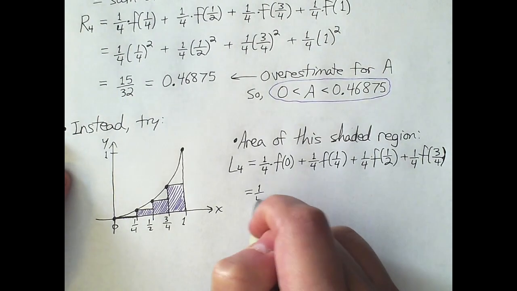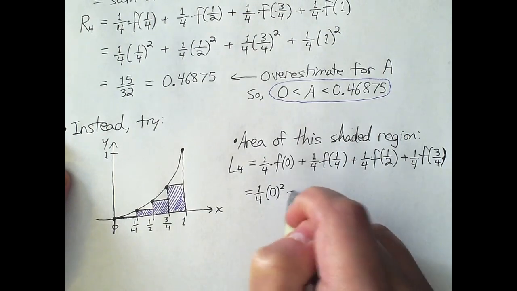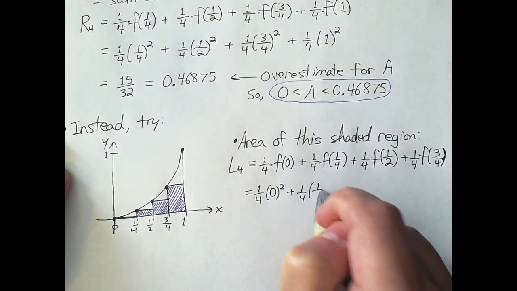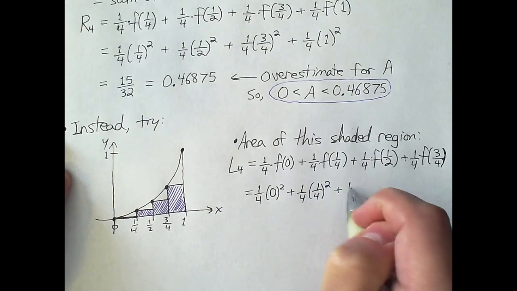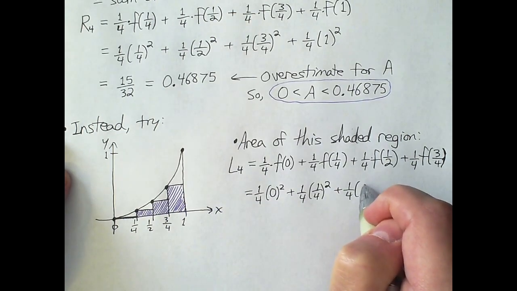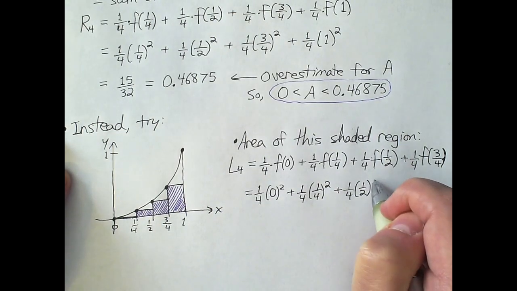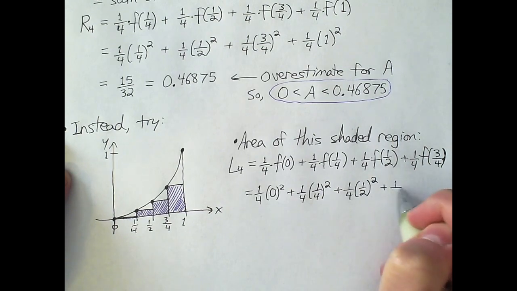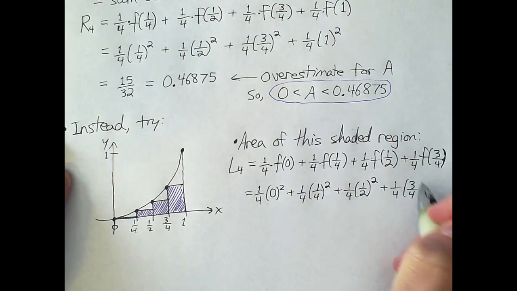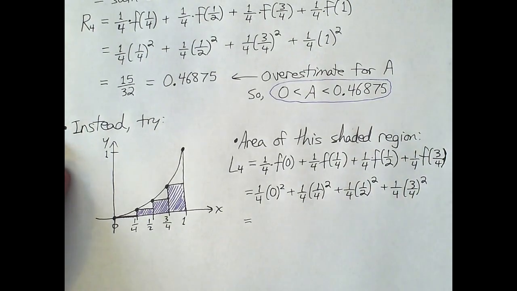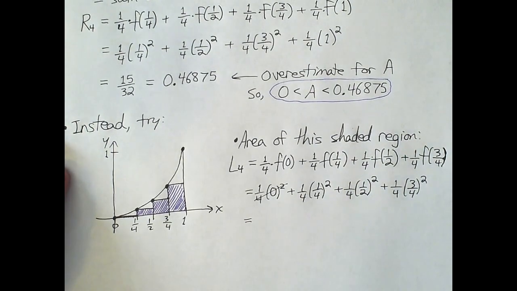If you work this all out, you basically just have to square these things. So that's the function we're dealing with. Kind of seems like we could pull the 1/4 all the way out front, factor out a 1/4, because that appears everywhere. We square these fractions. Like I said, that first one is just a 0.